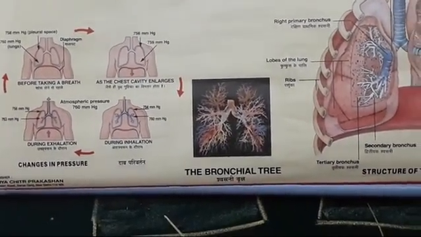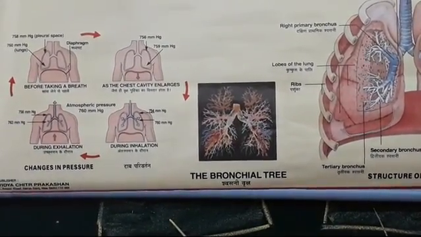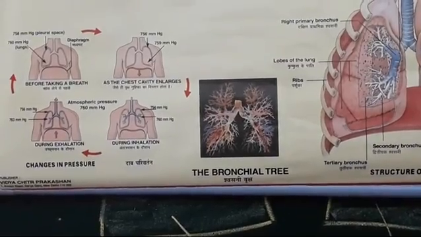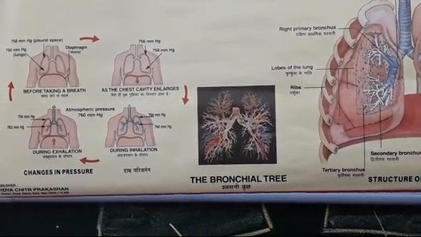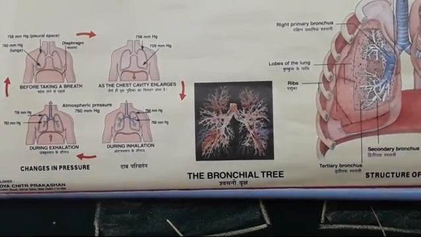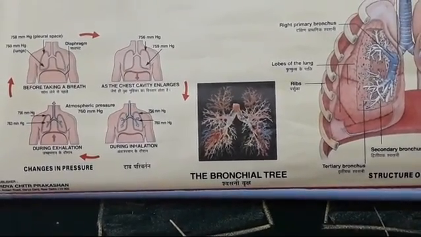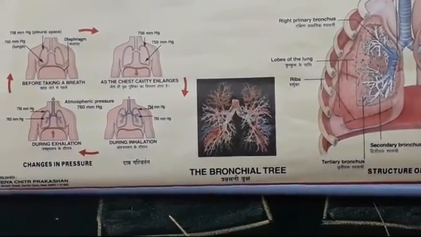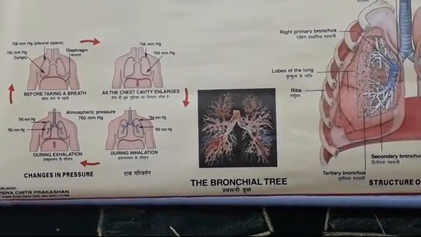And next we will see about the control of breathing movement. The breathing movements are largely controlled by the respiratory center, which is located in the medulla oblongata of the brain. This center is stimulated by the carbon dioxide content of the blood.